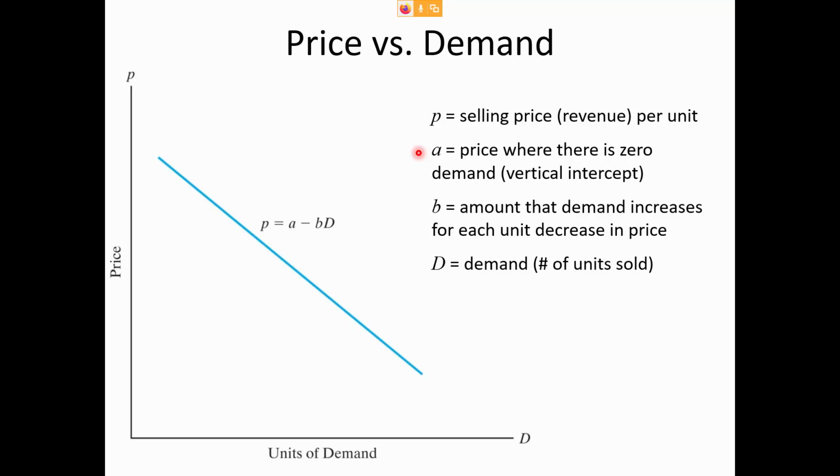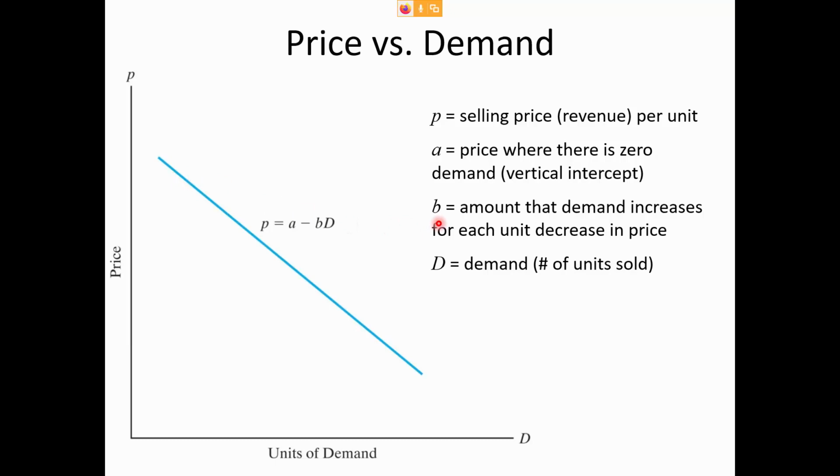And so, at $90,000 they still were able to get some people to buy the Model S. But what if they were charging $250,000 or $500,000? There's some price at which no one would buy that item. And sometimes we can maybe think that it's a theoretical thing, but in this method we say A is the price where the demand is zero. So that's the intercept with the line.